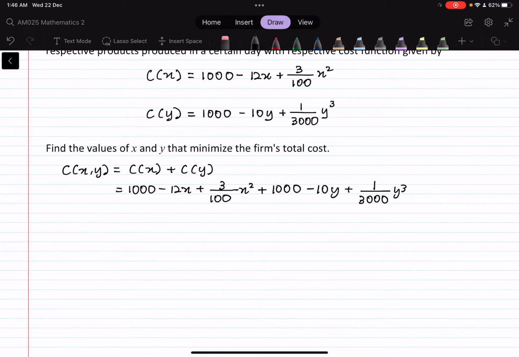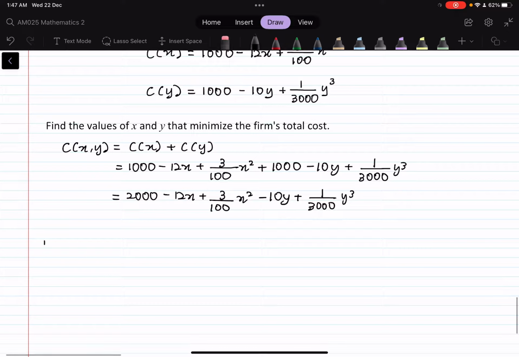Let us simplify first. 1000 plus 1000 is 2000, minus 12x plus 3 over 100 x squared, minus 10y plus 1 over 3000 y cubed. So the first step, as usual, we need to find c sub x and c sub y.